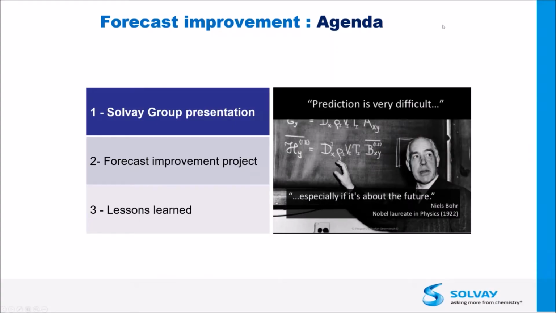So I will start by presenting you in a few words the Solvay Group, then also bring this project into the context before going to the results of the study and also the lessons learned from that experience.